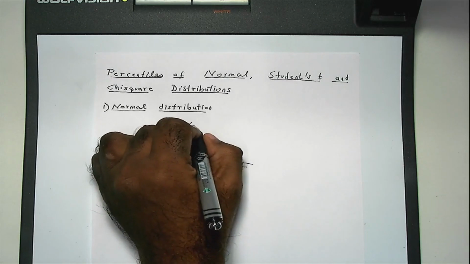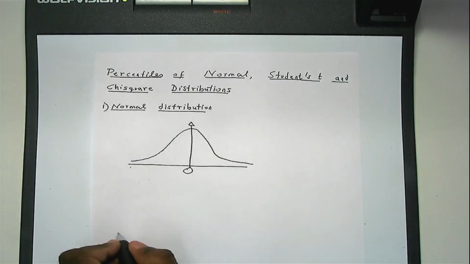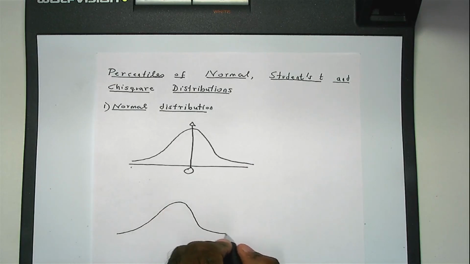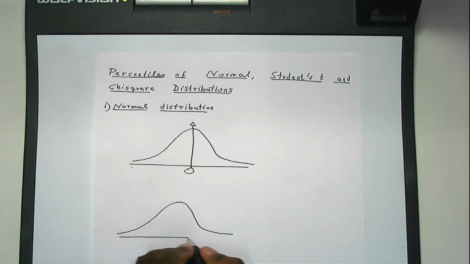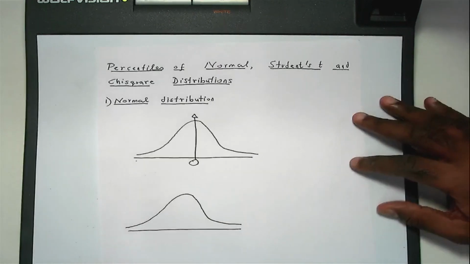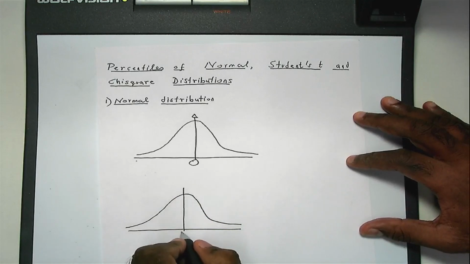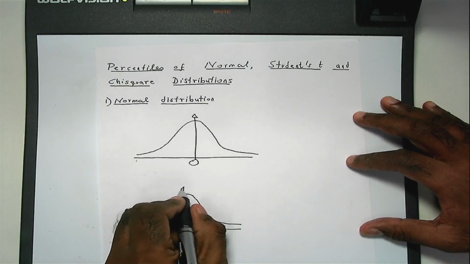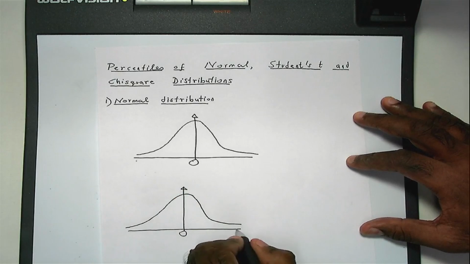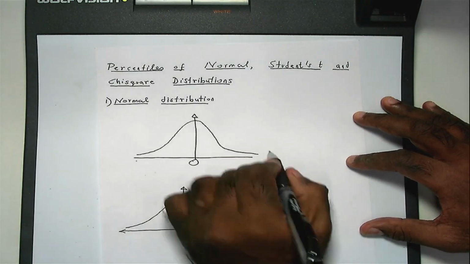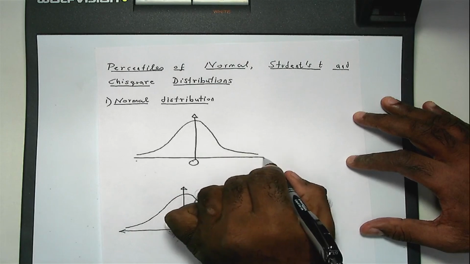Let's draw another picture, the same. Excuse me for not being able to draw good pictures, but what I have drawn here, although not perfect, is the density of a standard normal.